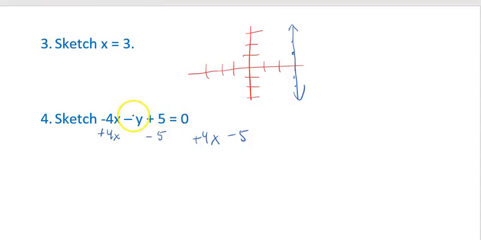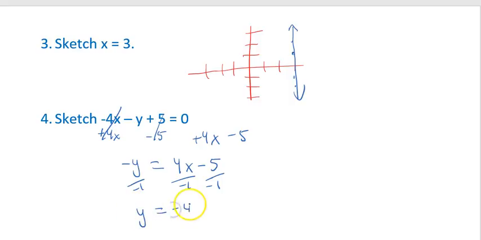Okay, so that's going to leave me with a negative y on this side. And then I have 4x minus 5 on this side. And then I need to divide by negative 1. So that's going to give me a positive y, a negative 4x, and a positive 5.